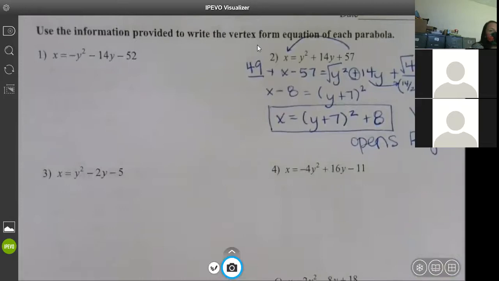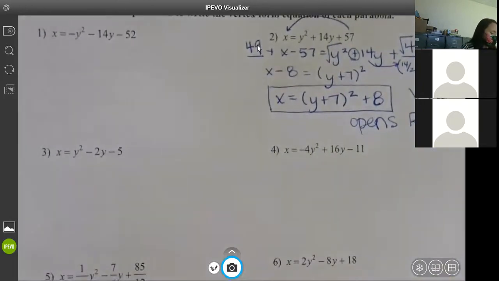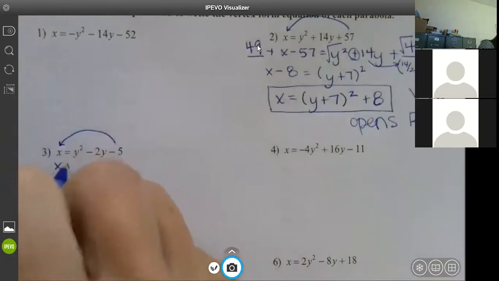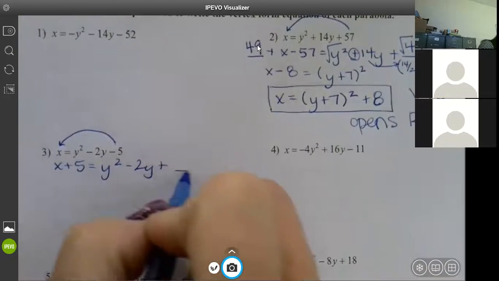All right. So x equals, we're going to do number 3. X equals y squared minus 2y minus 5. What's my first step? Add the 5. And then we're going to put in our blanks.